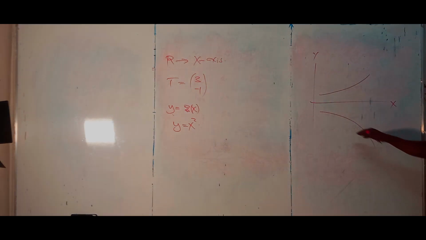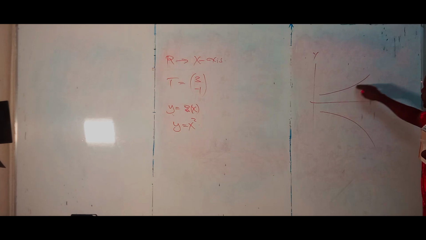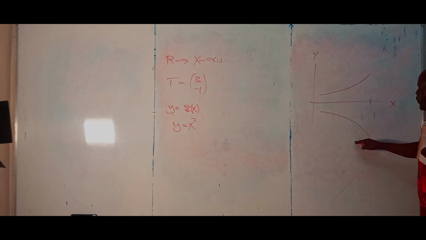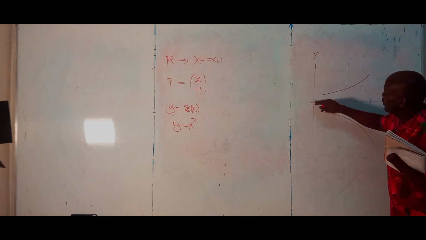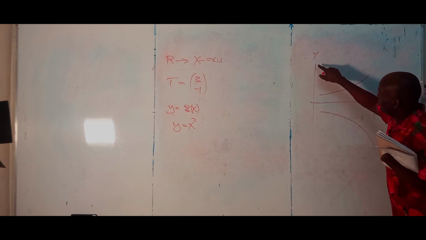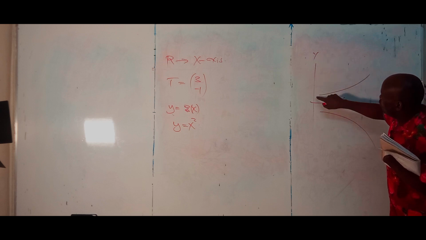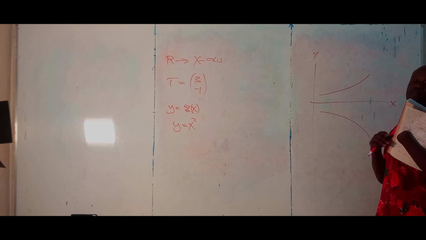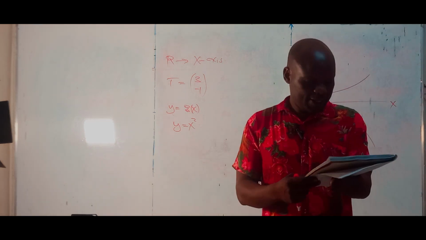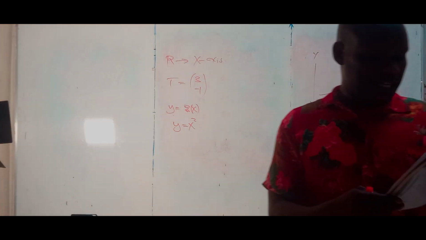This is the mirror line, so this part is reflected here. By reflecting it, the y values change from positive to negative. So a reflection in the x-axis changes the sign of the y coordinate.